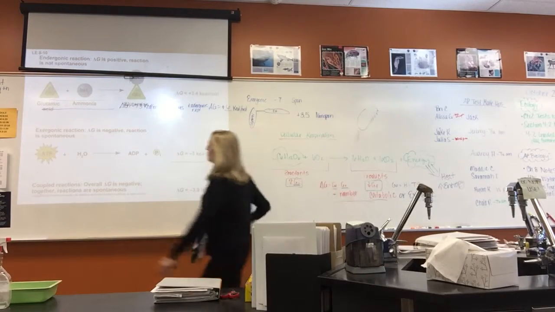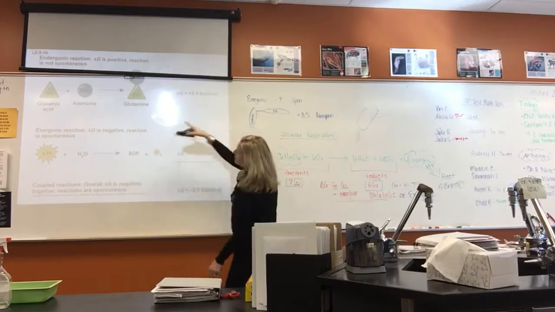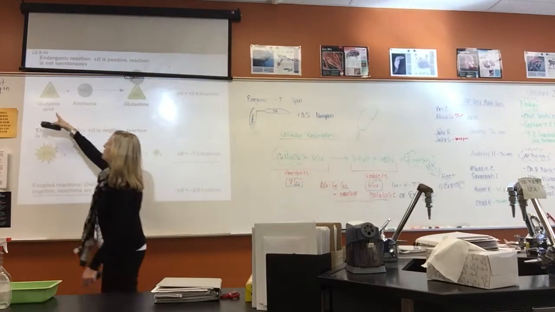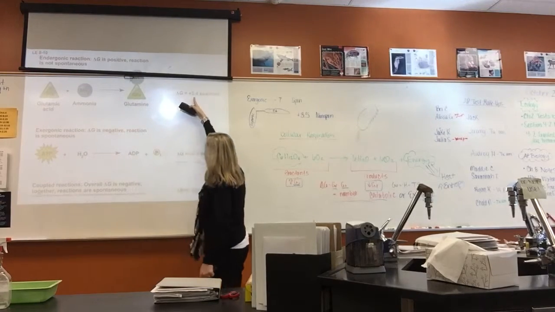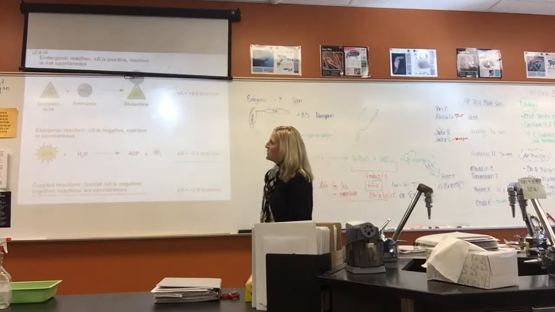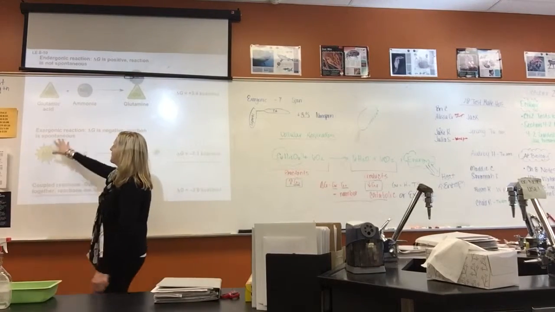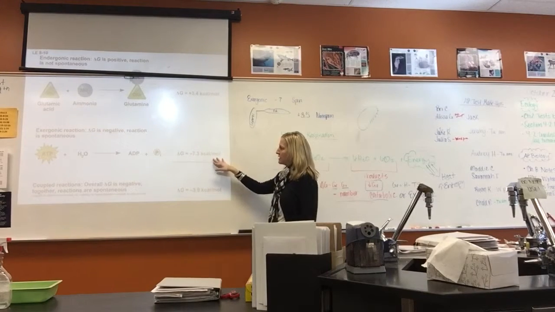In this picture, we have an endergonic reaction here. We're going to put these two molecules together to build a larger molecule. We need 3.4 kilocalories per mole. That's the amount of energy we need. ATP breakdown is exergonic. It releases 7.3 kilocalories per mole.